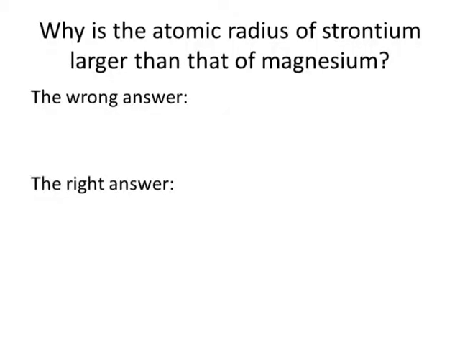Another thing that you might be asked on an exam is to explain why one atom is larger than the other. So for instance, why is the atomic radius of strontium larger than that of magnesium?